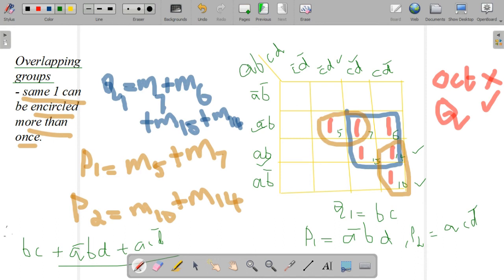This is the final reduced expression. Therefore you should write the final reduced expression as BC plus A dash BD plus AC D dash. This is known as the overlapping concept.